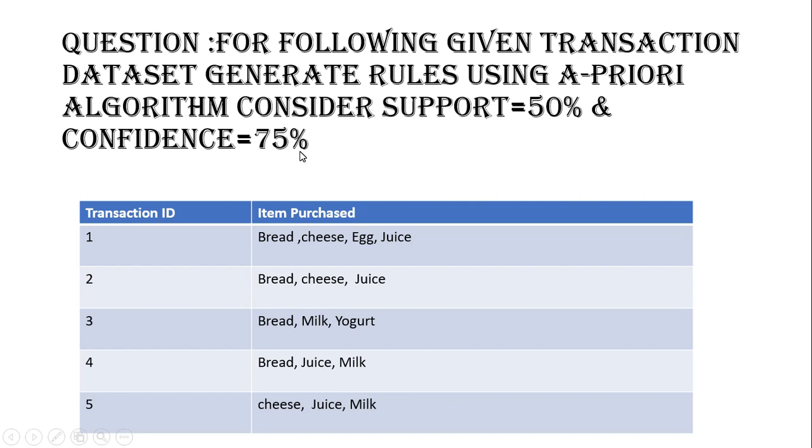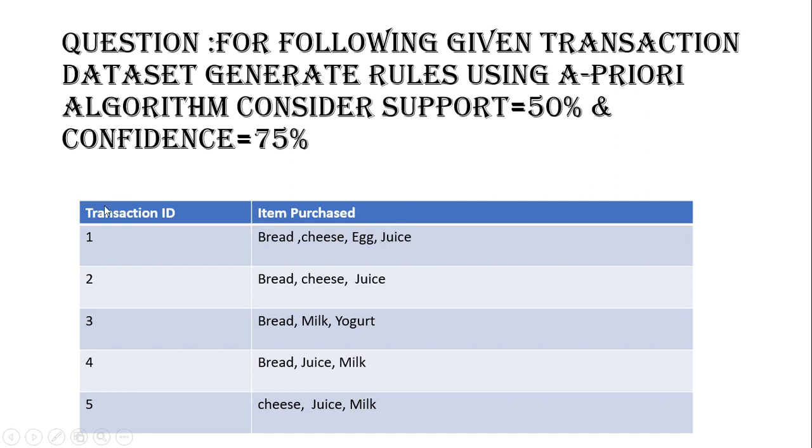In the question it is given what percentage of support and how much confidence we have to take. So support is 50%, and confidence is 75%, and we have to generate the rules using the Apriori algorithm.